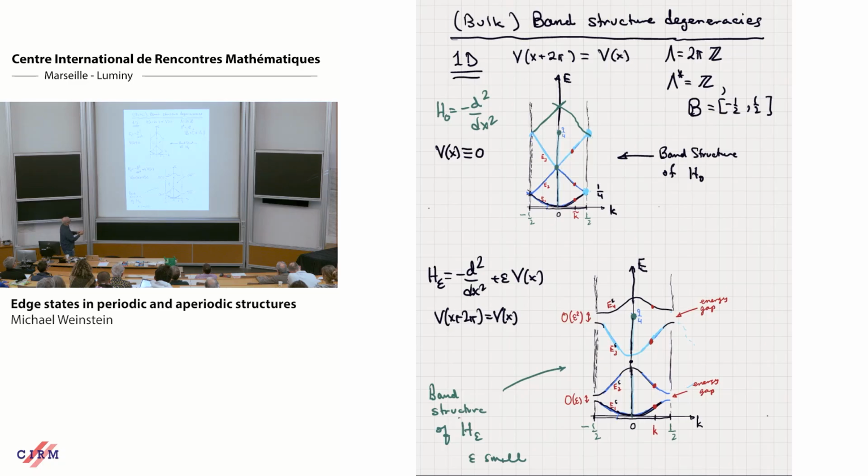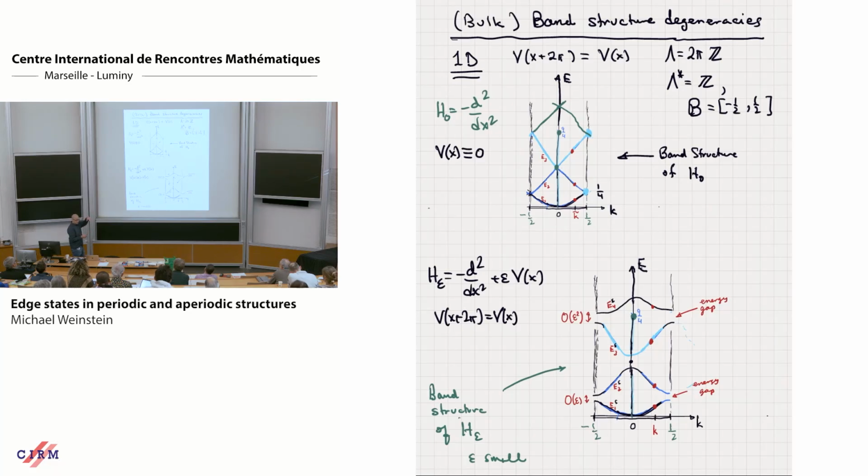So here you see the first band function. This is the first dispersion curve, second dispersion curve, third dispersion curve, fourth dispersion curve, etc. Infinitely many. And they all touch. They touch at eigenvalues of multiplicity 2, and they do so at special points only, at 0 or at 1/2. -1/2 is equivalent to 1/2.